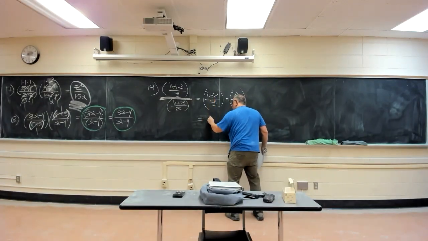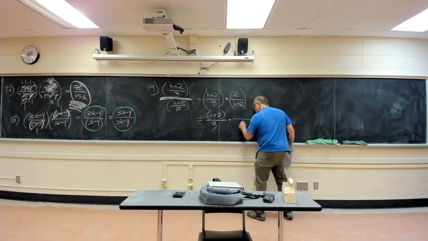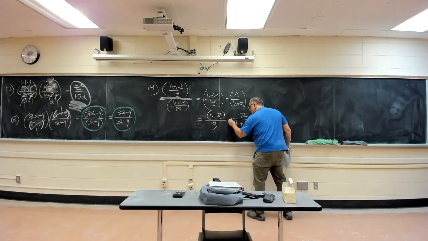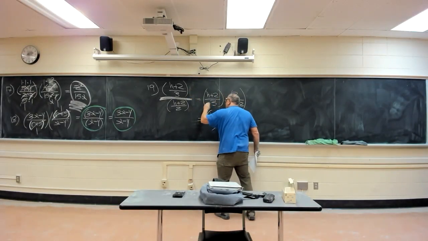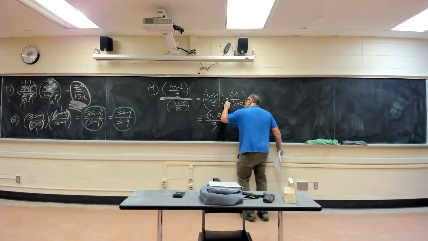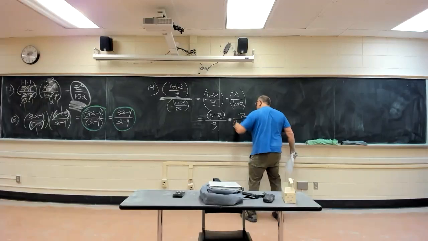You can take h plus 2 and put it in parentheses and put the 3 on the bottom. You could take the h plus 2 on the bottom here and put that in parentheses. You got 2 right here. These are identical. A fraction divided by another fraction is the first fraction left alone multiplied by the reciprocal of the second fraction doing the dividing.